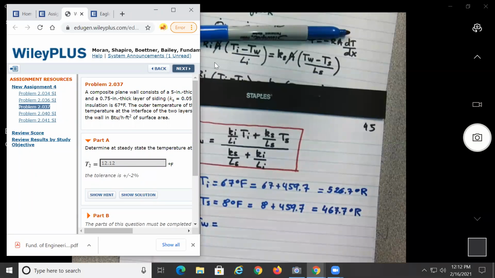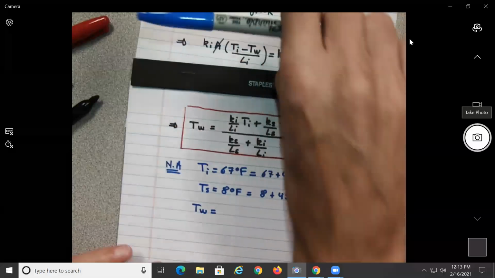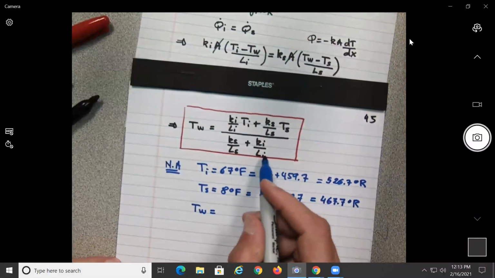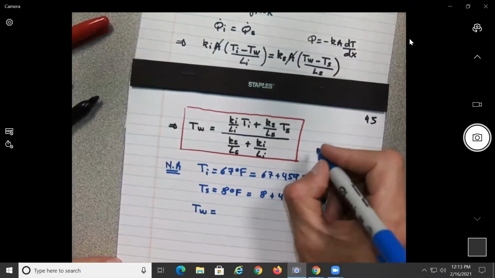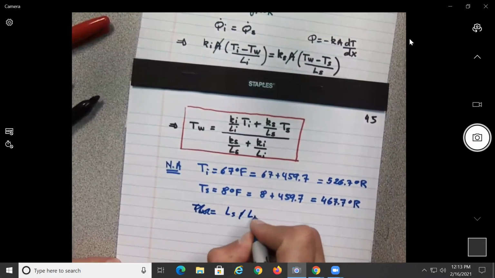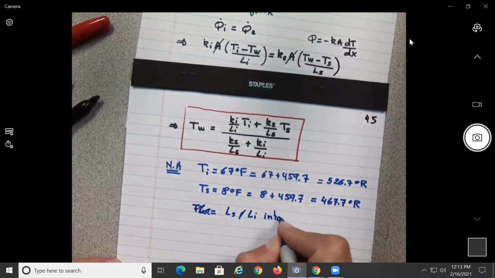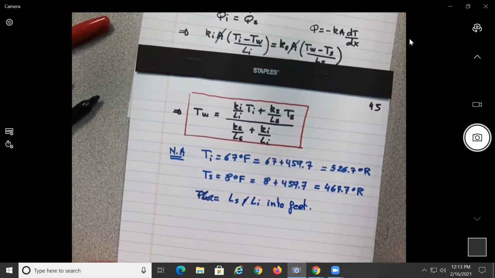Okay, guys, the other thing you need to change before you do the calculation is the length. So make sure you put L sub S and L sub I into feet before doing the calculation.